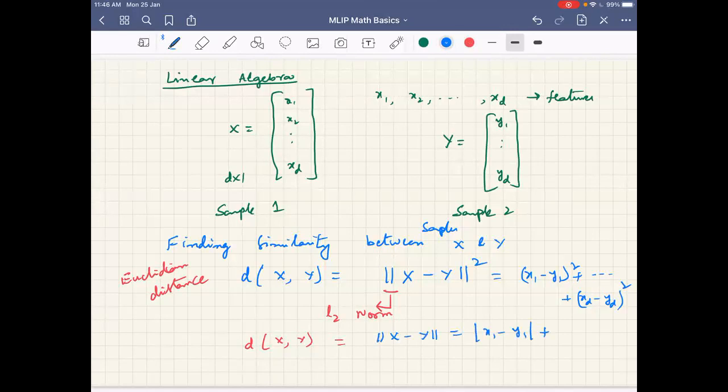What does this single line indicate? Absolute. So I'm just finding the absolute difference between the features, and then I'm trying to say how close or how different they are. So this is the L1 norm, or mean absolute distance, or sum of absolute differences.